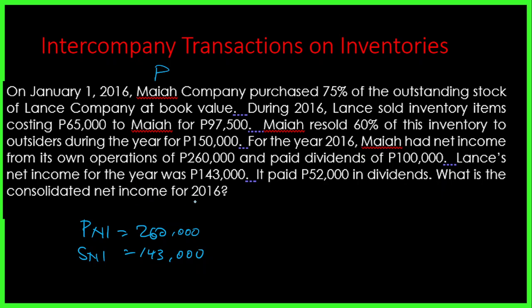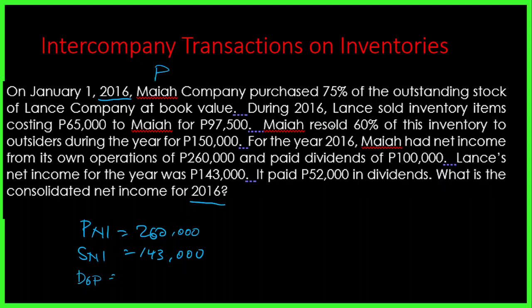Now, if you look at the problem, the acquisition happened on January 1, 2016, and it's asking for the consolidated net income for 2016. This means that there is no beginning inventory to consider. So, dun lang tayo sa ending inventory. O di, ang dali-dali, no? Hanapin lang natin yung deferred gross profit from the ending inventory.